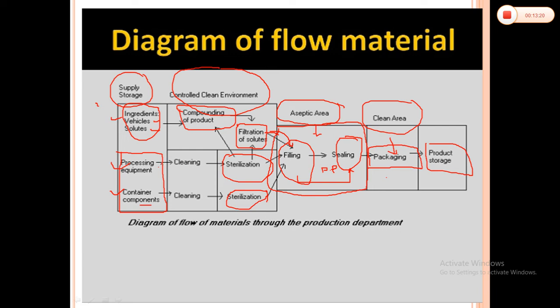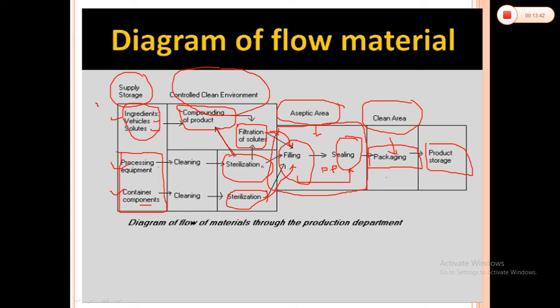Now here we can see that the ingredients go directly to the compounding area. But the processing equipment, after cleaning and sterilization, then goes for the compounding purpose. Same for container components: they are first cleaned and sterilized, and then they enter the filling area.